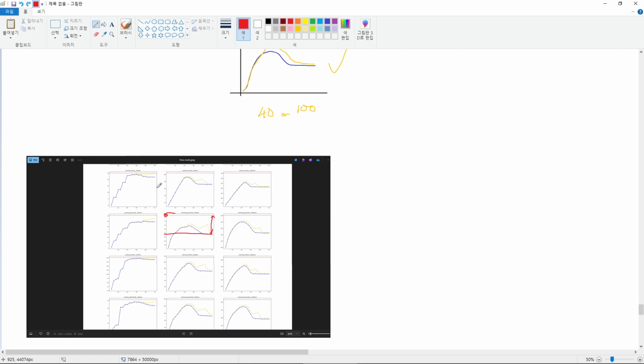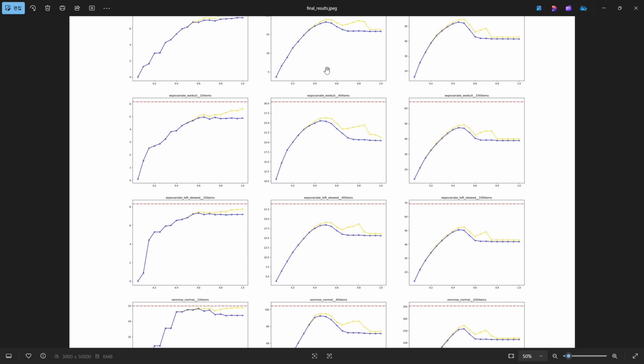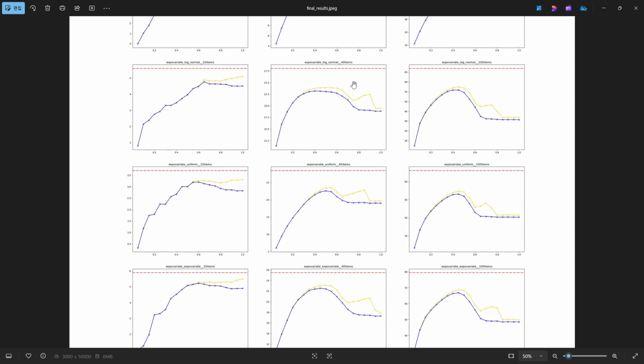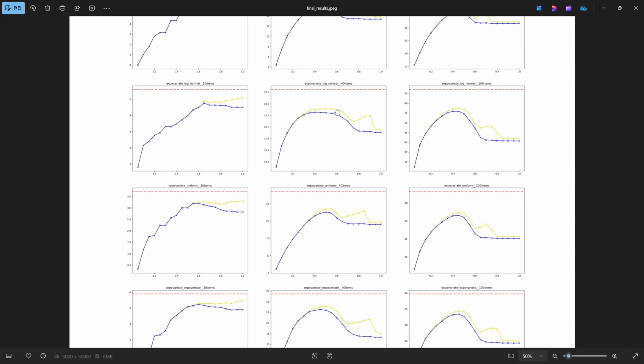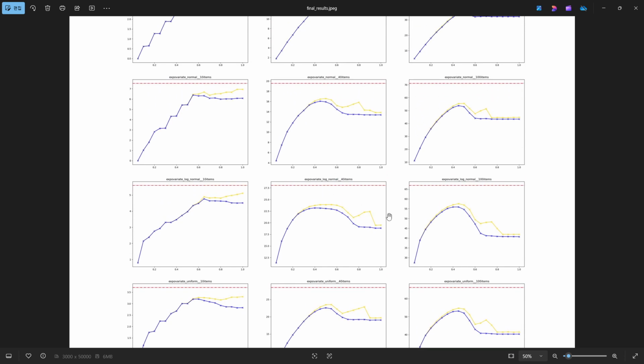I'm just undoing these, and this seems to be the pattern across all these different distribution products. And well, this is a bit different. It's a bit more round, this one, exponential and log normal. But anyway, even here the relative level when compared to the total sum of utility values is lower as the number of items gets bigger.